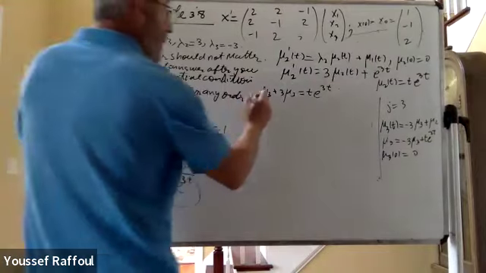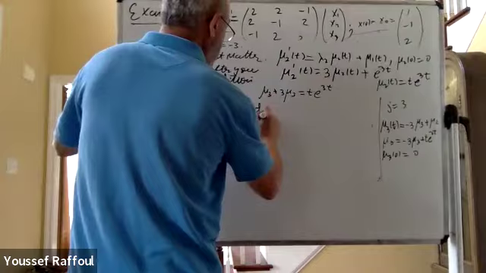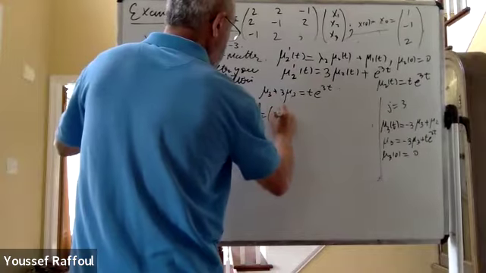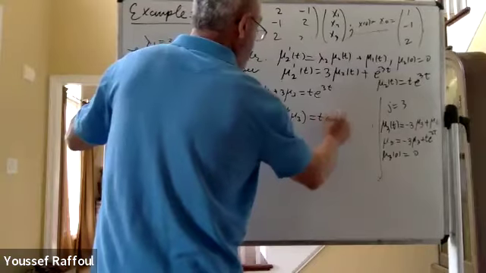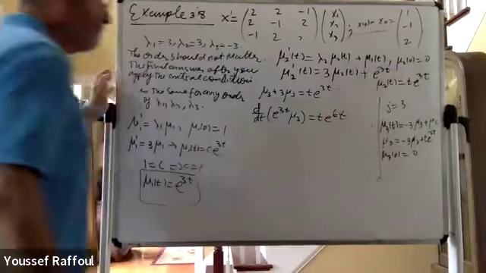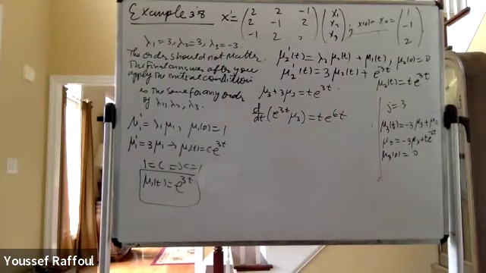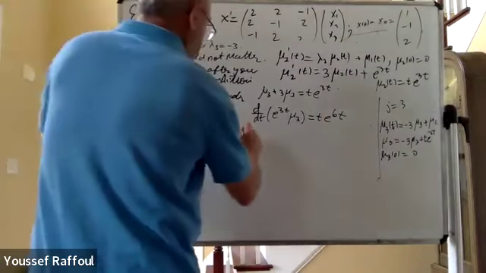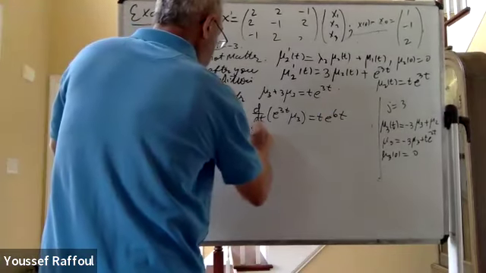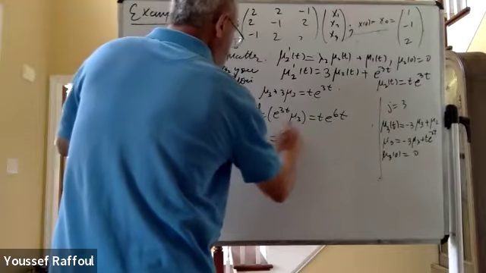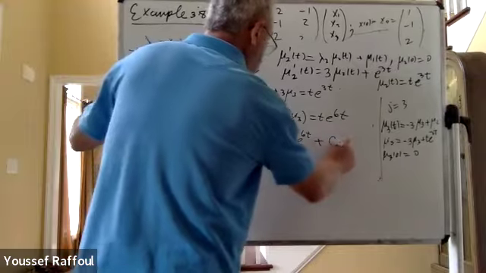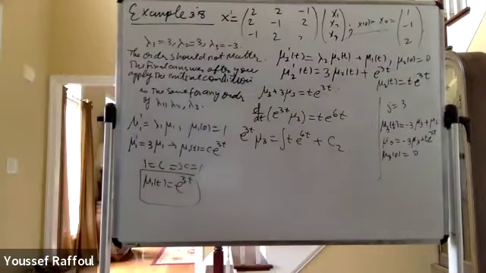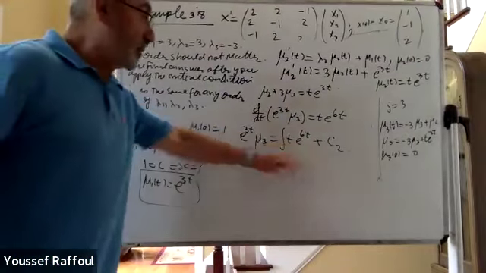So the integrating factor is e to the 3t. That gives t e to the 6t. See what happened? So integrating, you get e to the 3t mu 3 equal t e to the 6t integrated plus some constant c2. Now we need to integrate this one.